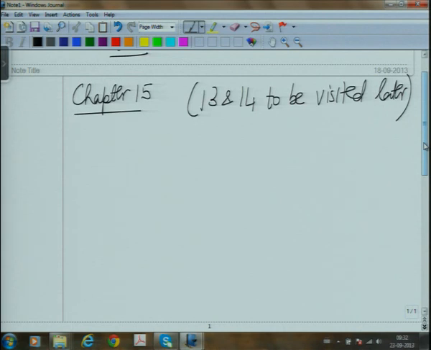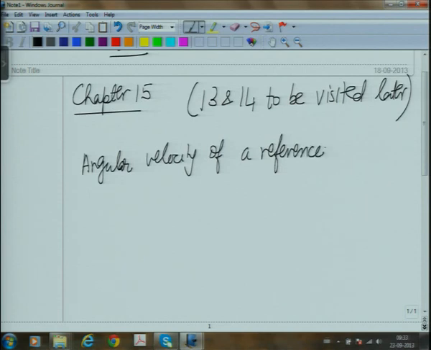So today what we are going to talk about is angular velocity of a reference frame.